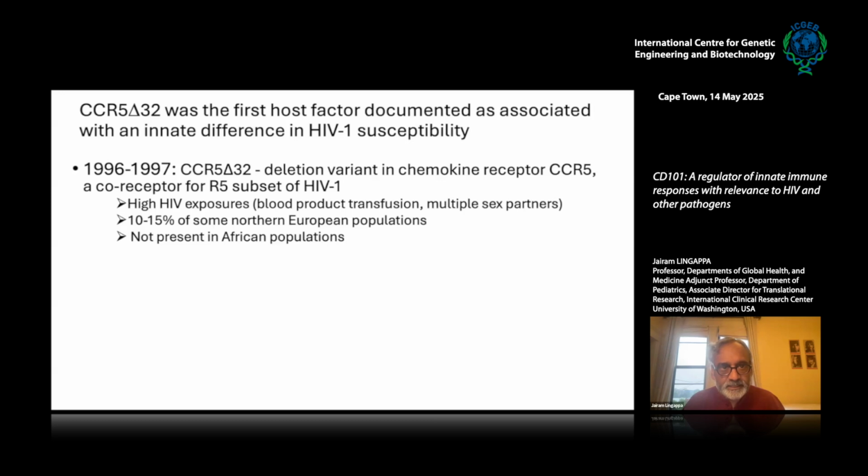Back in the late 90s, this deletion variant in the chemokine receptor CCR5, which is a co-receptor for the HIV virus, was identified through studies of cohorts that had high HIV exposure through blood or blood product transfusions or multiple sex partners.